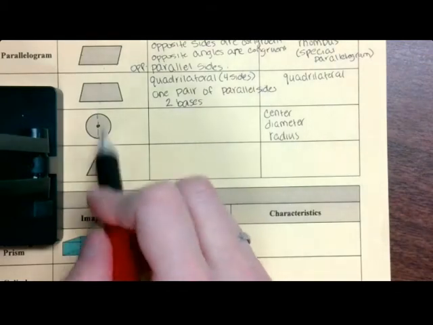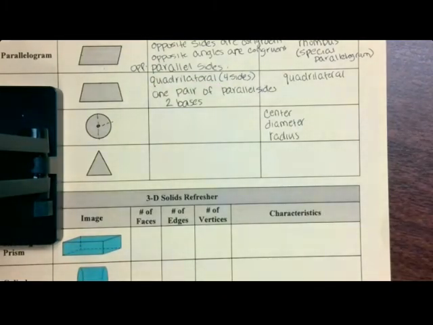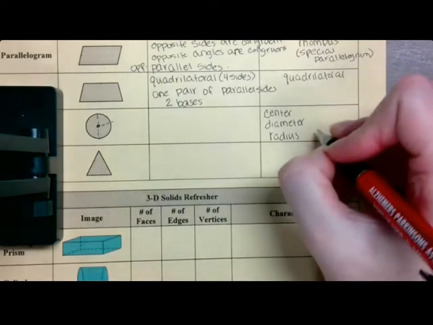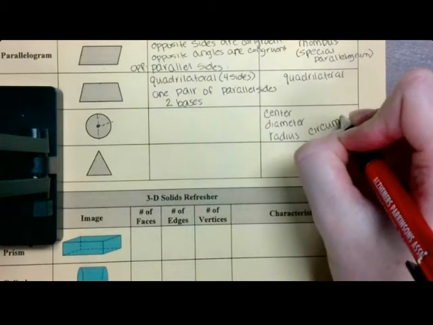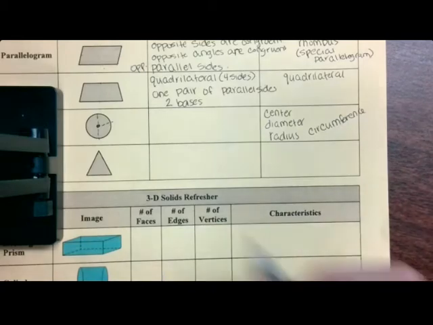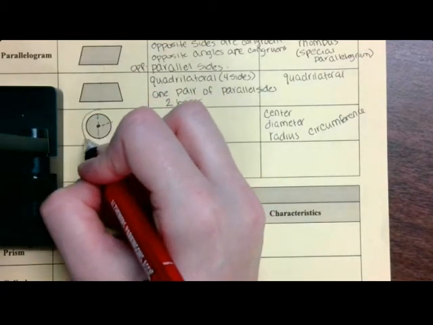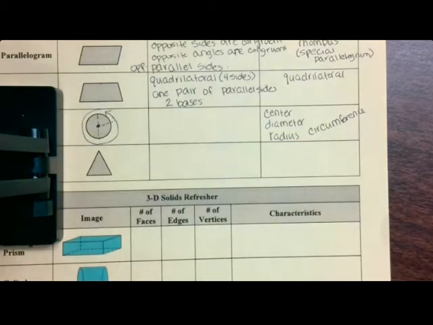So on our welcome work, we talked about diameter, and some people even mentioned a radius, okay? And then the last thing, which is what you worked on last year, is circumference. Circumference. And circumference, remember, is the distance around the circle. Okay? The distance around the circle.